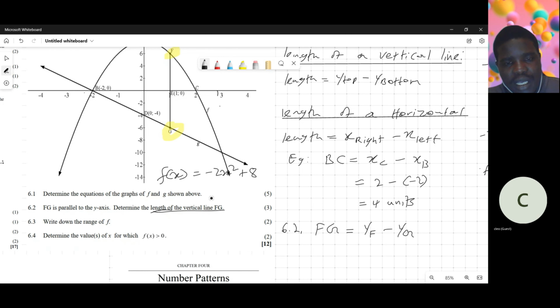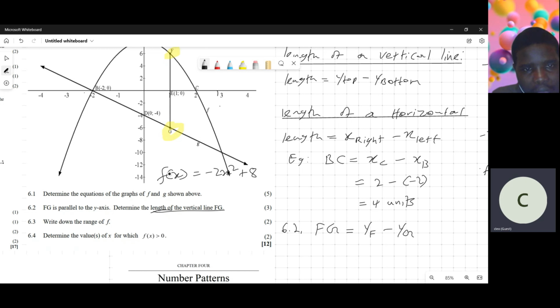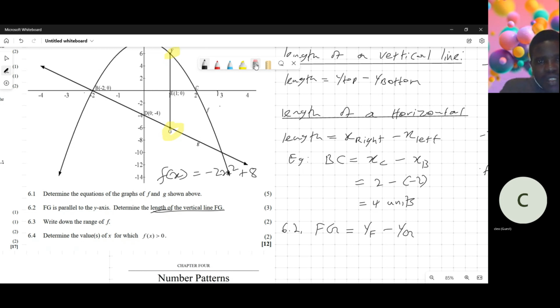On this equation, we have indicated that f of x, or y, is the output, and x is the input. So f of x is equal to negative 2x squared plus 8.